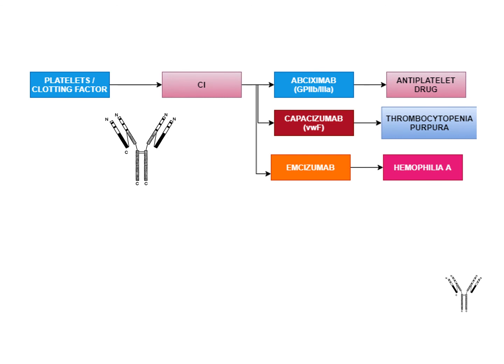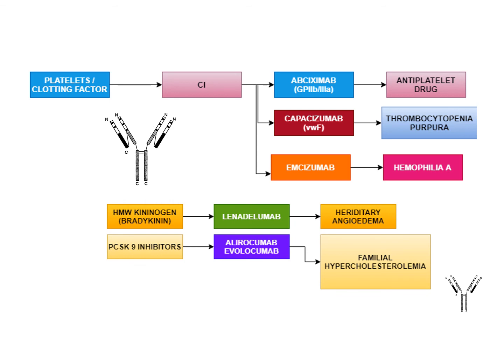Then platelets. All the monoclonal antibodies related to platelets contain the letters CI in their nomenclature. Examples are abciximab, given as an antiplatelet drug, and caplacizumab, which targets the von Willebrand factor, given for thrombotic thrombocytopenic purpura, and emicizumab, given for hemophilia A treatment.